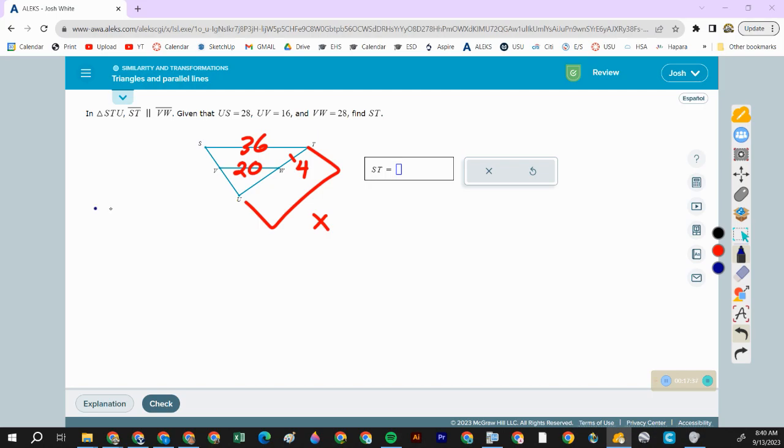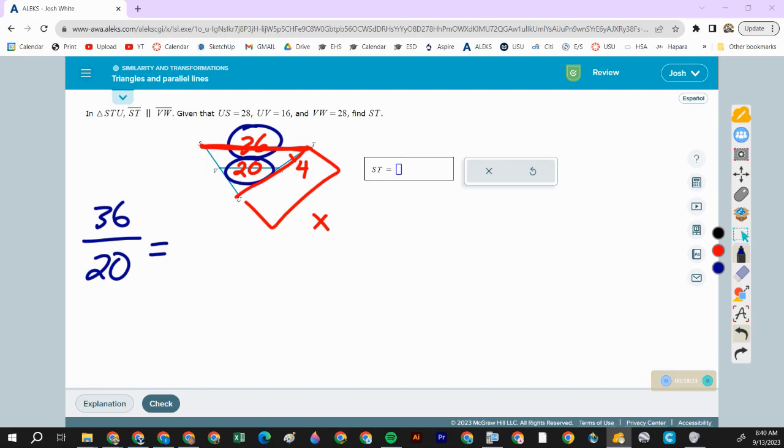So 36 lines up with, we could do 20. So we could do 36 over 20. So long side divided by short side is equal to, what's the long side of the big triangle on the right? The long side. So this. So 36 is the long side.